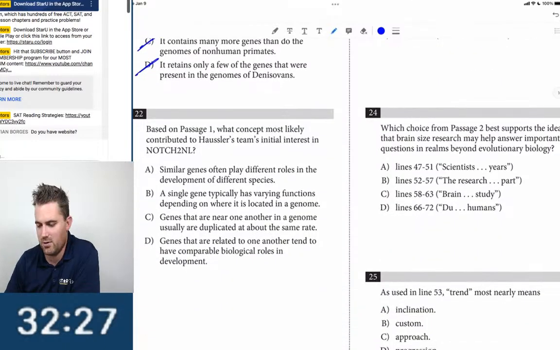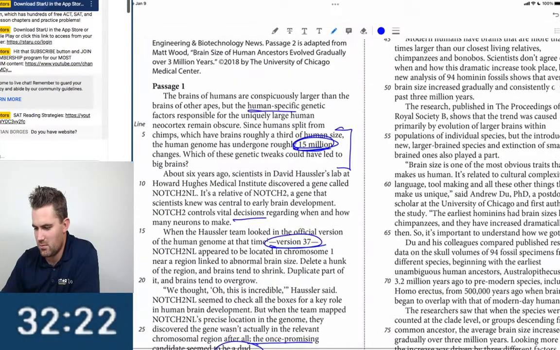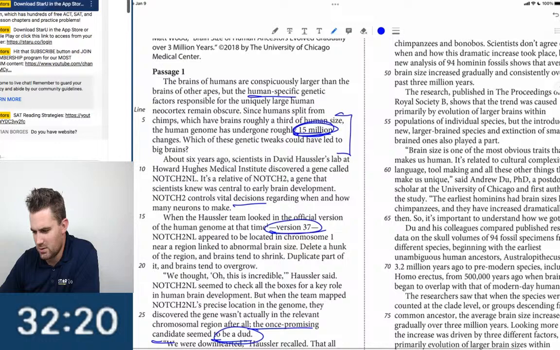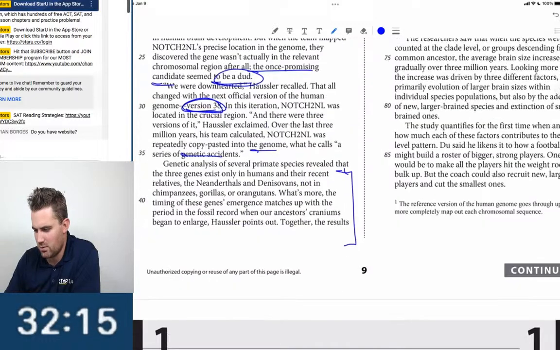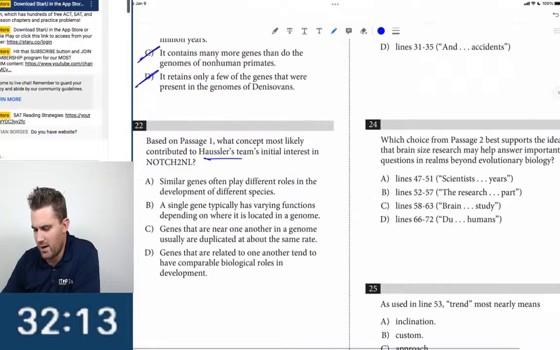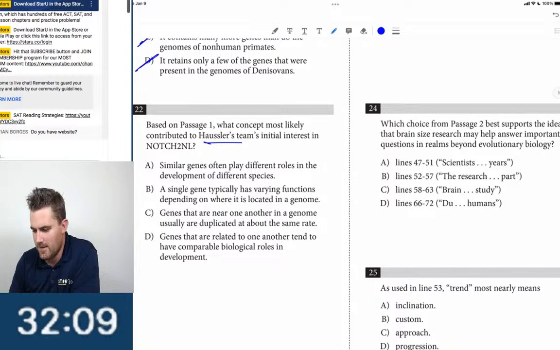Based on passage 1, what concept was the initial interest? What was the reason? They knew it was central to early brain development. Vital decisions. So I think probably something with vital decisions, right? Different species. No, it wasn't that. Single gene type.